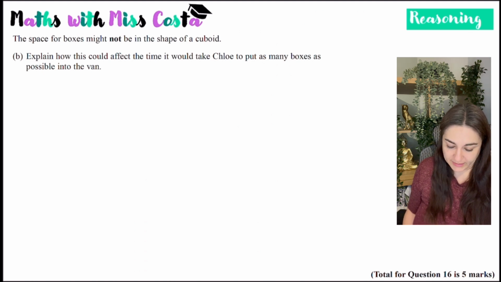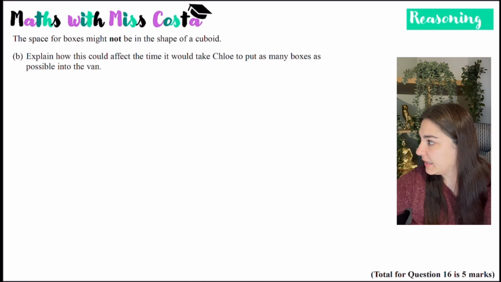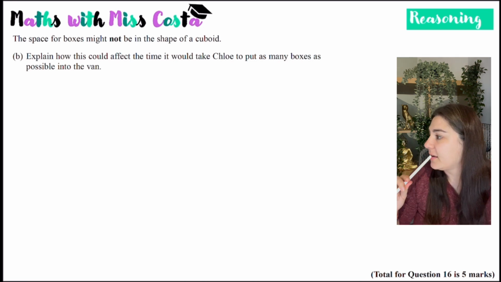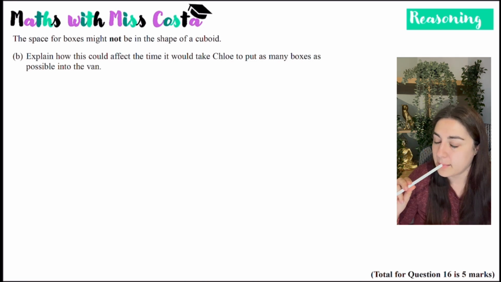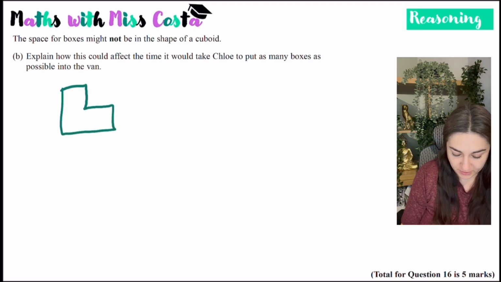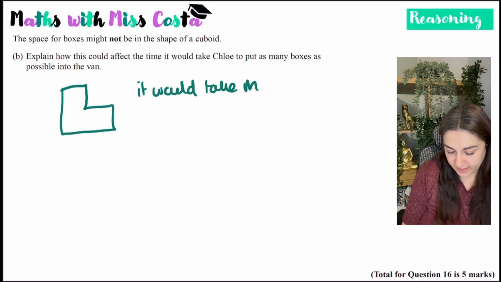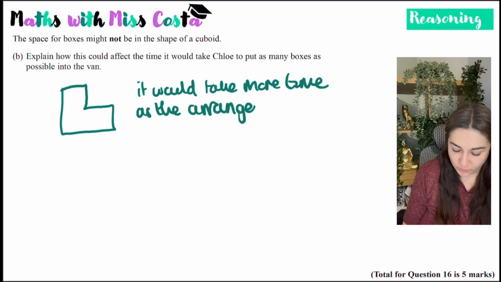The space for boxes might not be in the shape of a cuboid. Explain how this could affect the time it would take for Chloe to put the boxes. So if it was in the shape of, I don't know, some kind of weird thing like this, it would take more time, as the arrangement wouldn't be simple.